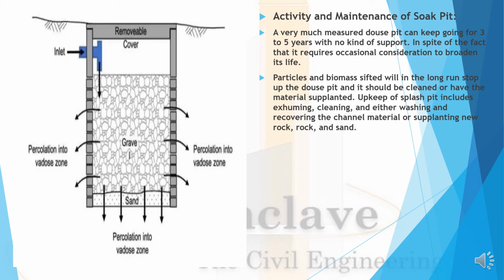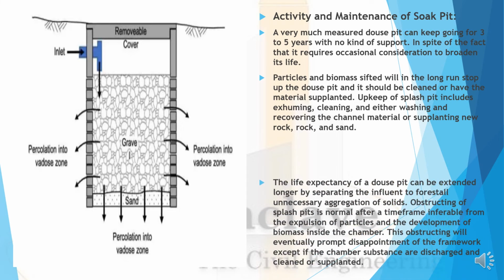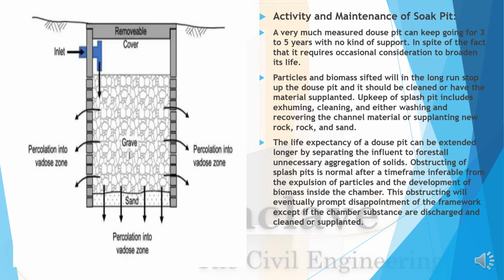Particles and biomass in the long run clog the soak pit and it should be cleaned or have the material replaced. Maintenance of a soak pit involves excavating, cleaning, and either washing and recovering the filter material or supplying new rock and sand. The life span of the soak pit can be extended by filtering the influent to prevent unnecessary accumulation of solids.